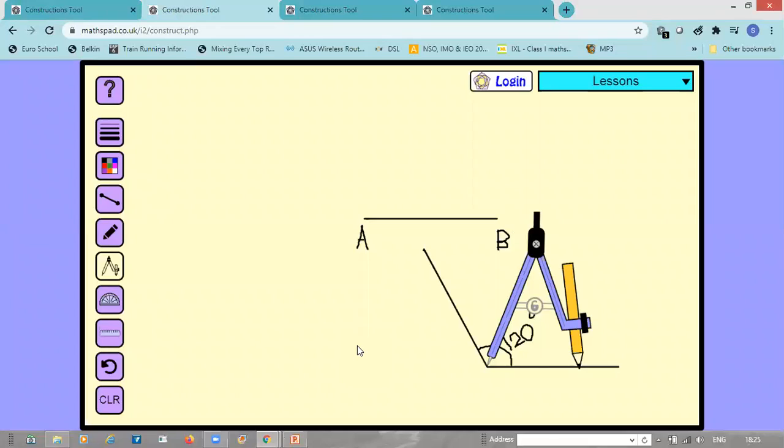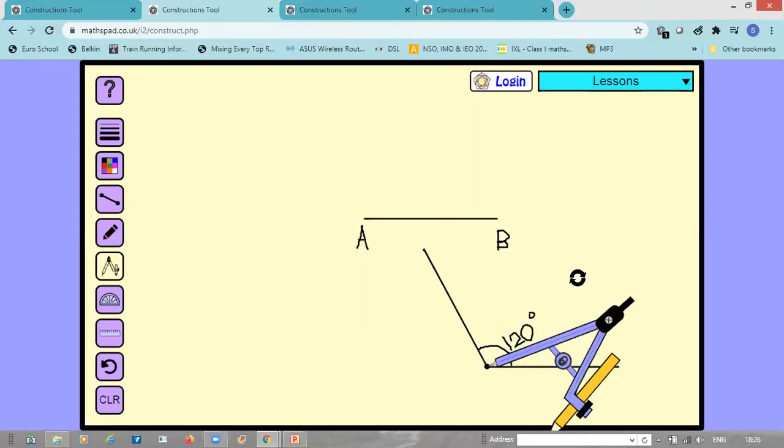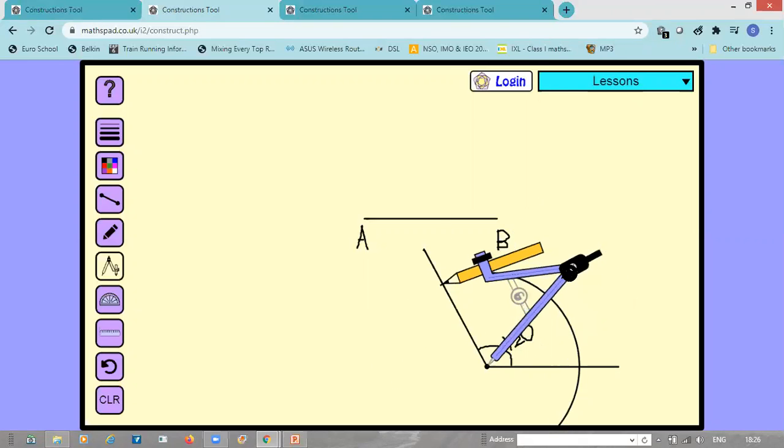As you can see, I have made an angle using a protractor here to make an angle 120 degrees. But remember, this is a side angle. This is not in the triangle. Now take your compass and make an arc on the side angle just like me. Make sure to cut both these lines.